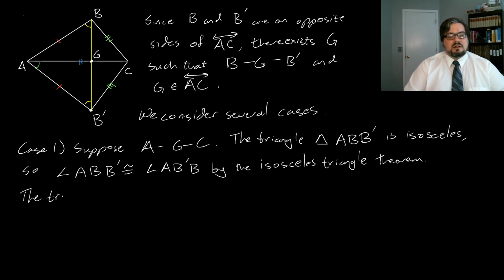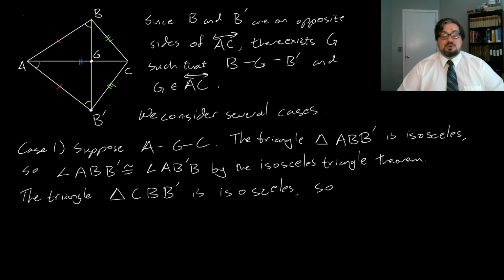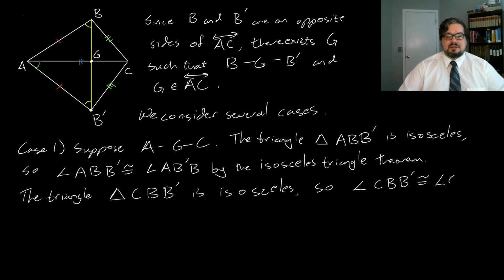Similarly, the triangle CBB prime is isosceles. So that means that the angles opposite the two congruent sides are congruent. So that means that the angle CBB prime is congruent to the angle CB prime B.